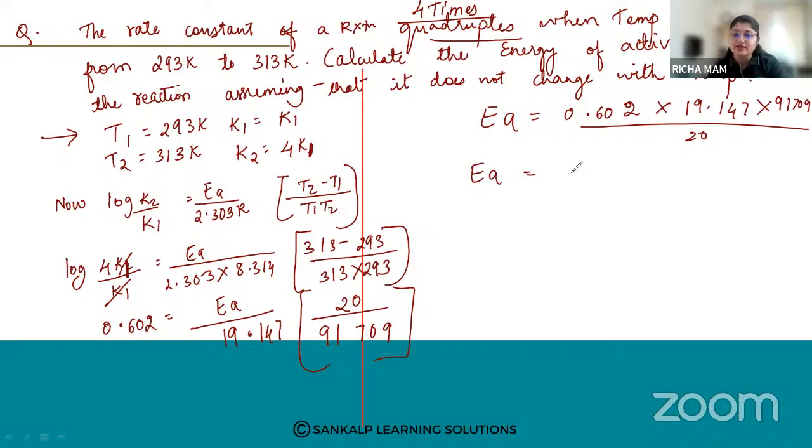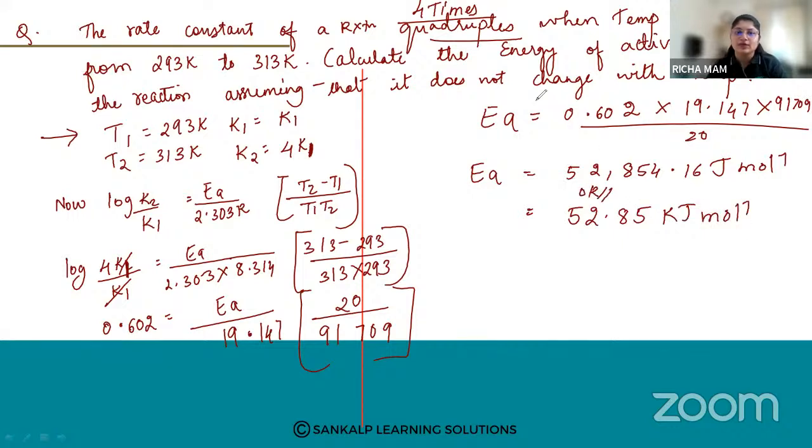So I'm getting it as 52,854.16 joule per mole. If I want kilojoule, it will be 52.85 kilojoule per mole. Yes, Srivaruni has got it. Then Baby has got it. Yamuna has got it. Yes.